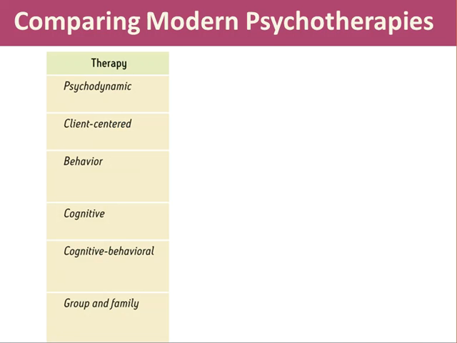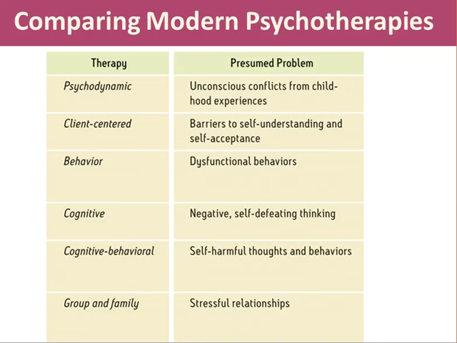Comparing modern psychotherapies. Psychodynamic: the presumed problem is unconscious conflicts from childhood experiences. Client-centered: the presumed problem is barriers to self-understanding and self-acceptance. For behavior therapy, the presumed problem is dysfunctional behaviors.